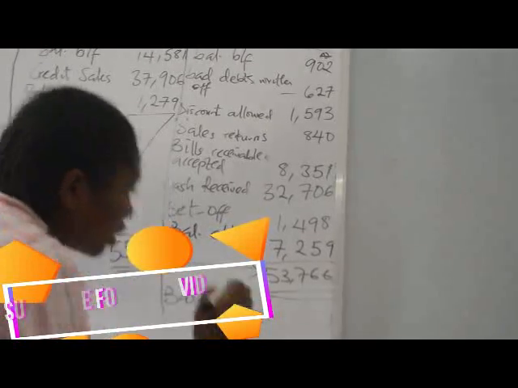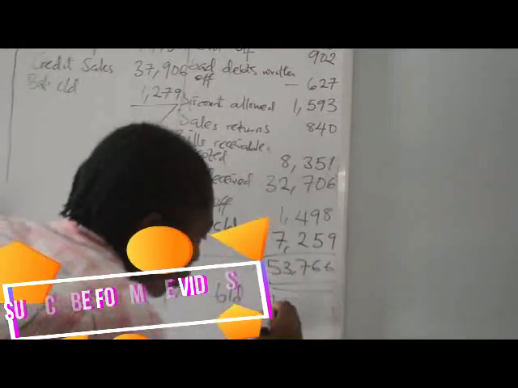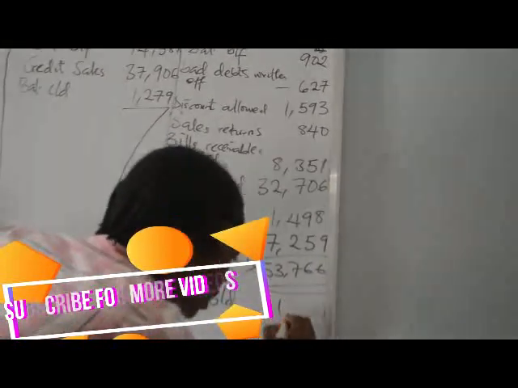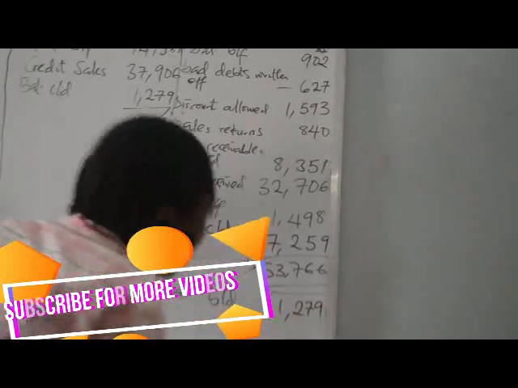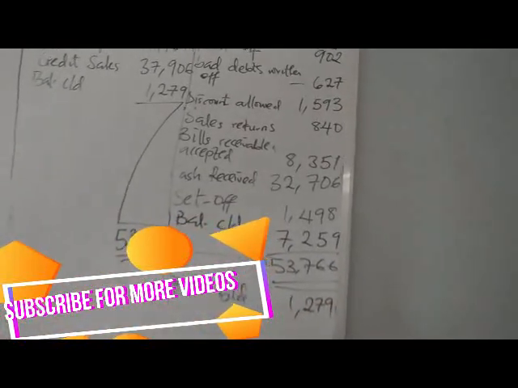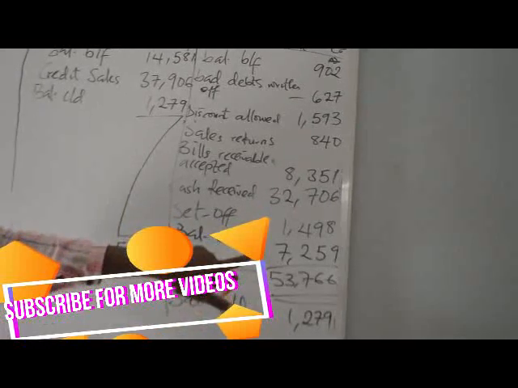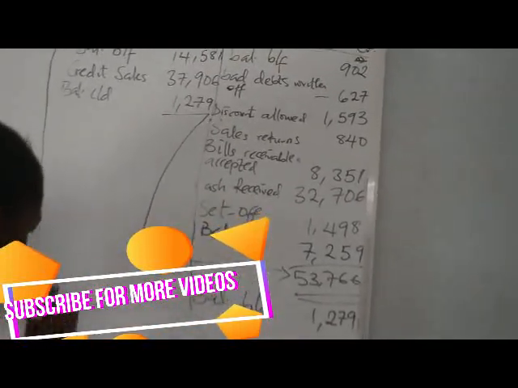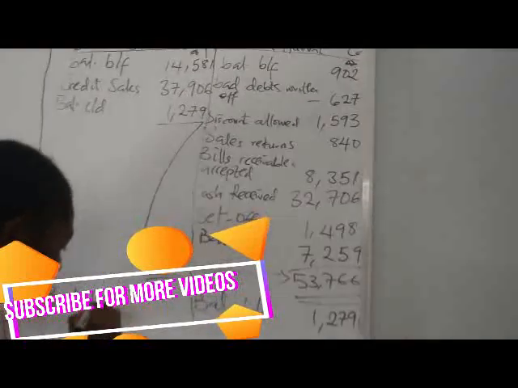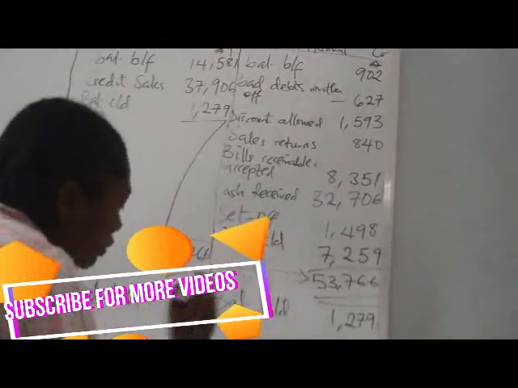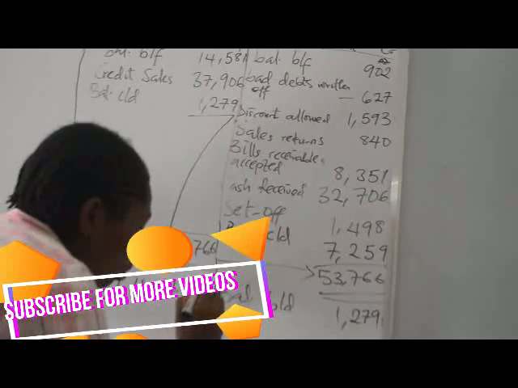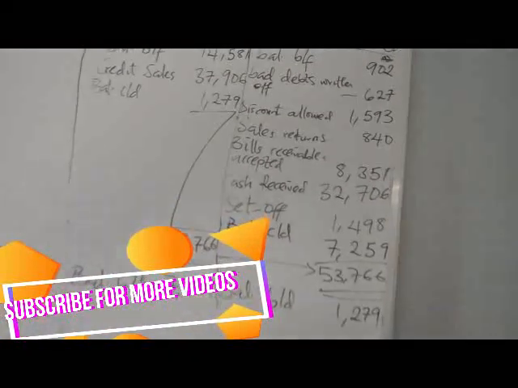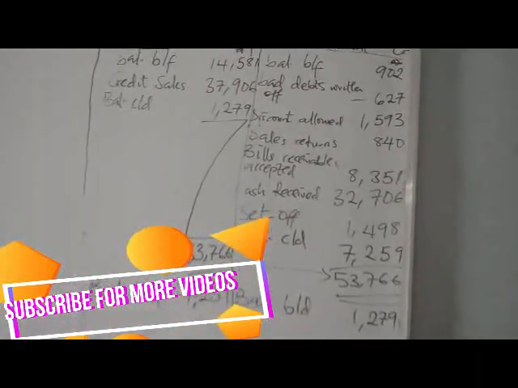So we have our balance brought down of 1,279, right? And in the same case, we also have a balance on the credit side, a balance carried down. So that will also be a balance brought down on our debit side. We have our balance brought down of 7,259. So this is our sales ledger control account.